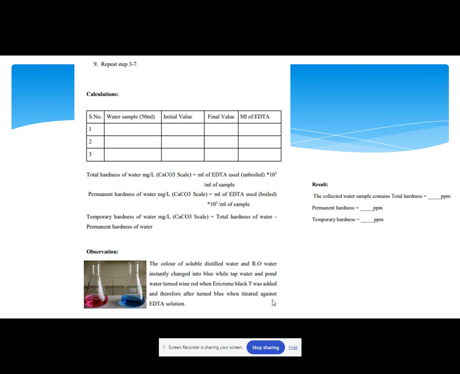Here, the conical flask shows different colors, violet at the initial point and blue color at the end point. So this is some information about how we determine hardness of a given water sample using the EDTA titration or complexometric titration method.